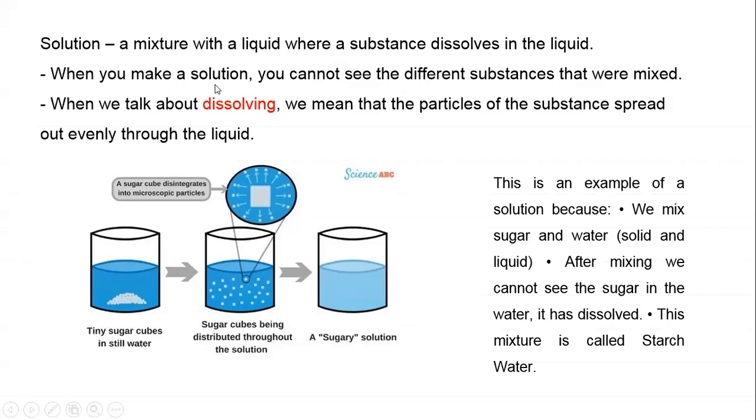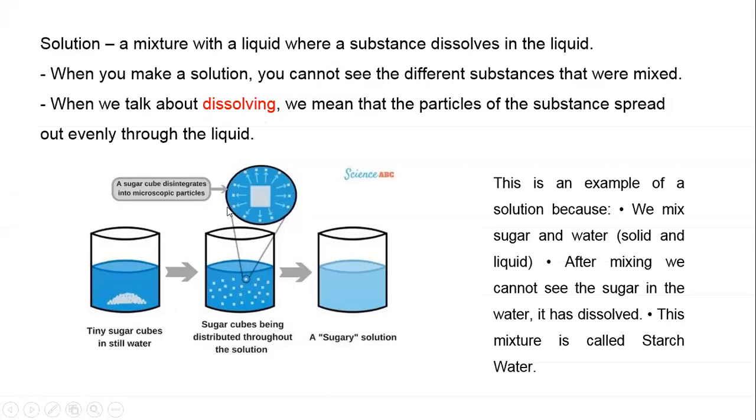Now, when you make a solution, you cannot see the different substances that were mixed. If you look at this experiment at the bottom, I put tiny cubes of sugar at the bottom. You can see it resting here, and this is a beaker of water. Now when I stirred the water, the sugar cubes were being distributed throughout the solution.